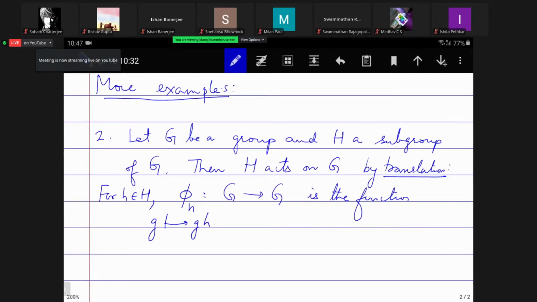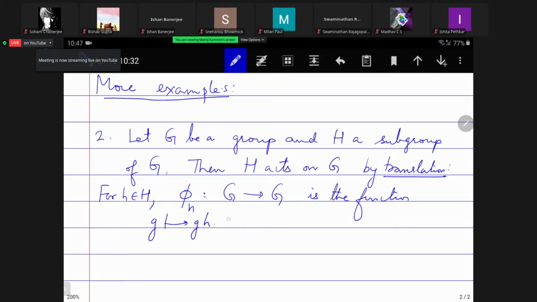The subgroup is the group which acts on the set, the larger group. And so this action is often called translation. If you think about it in terms of R, it is just like adding a constant number and moving it left and right. Therefore, for that reason, it is thought of as a translation. Forget about the terminology. Just think about this function.